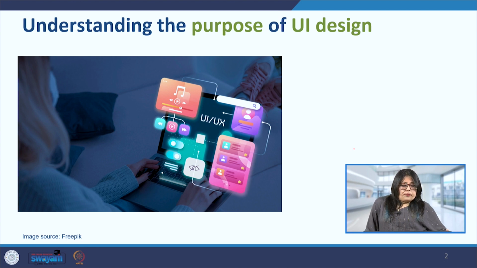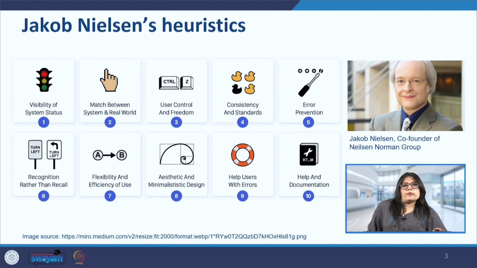The role of the designer here becomes very important, to ensure that any external assistance is not required by the user. Now there are certain heuristics, or certain principles, that have been developed by Jacob Nielsen. These were developed in the 1990s, and at that time the interfaces used to be quite different from what we have today.